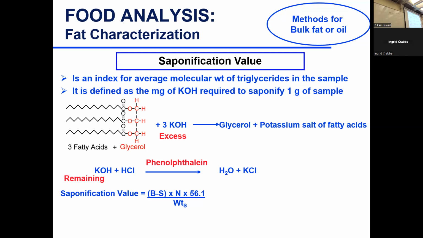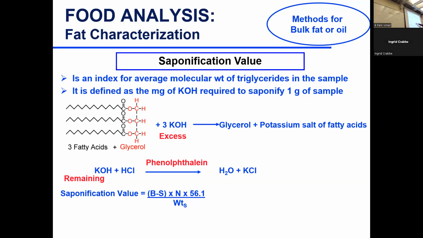What we do again here is we saponify with excess KOH. You put your oil, add a specific amount of KOH, and reflux for about 30 or 60 minutes, somewhere in there. Then you get the glycerol and fatty acid salts.